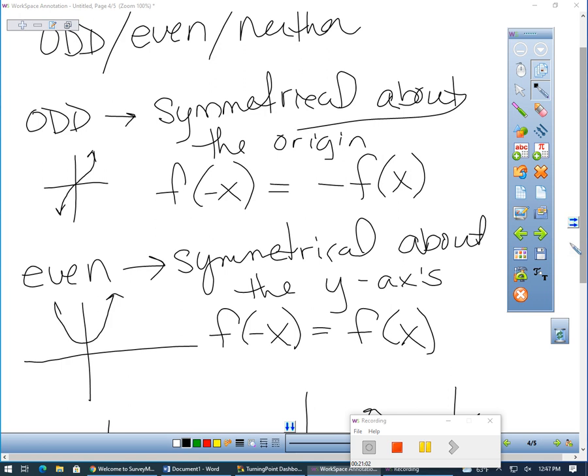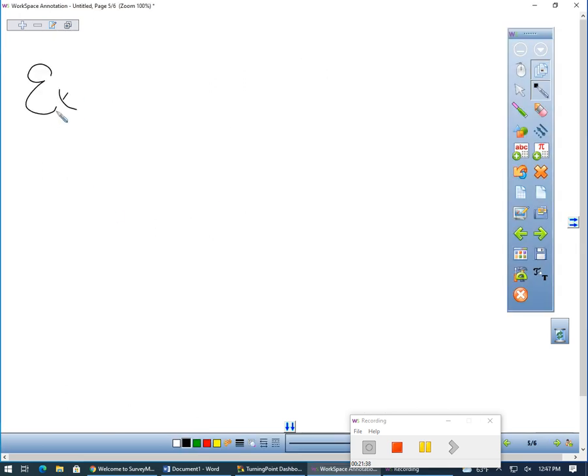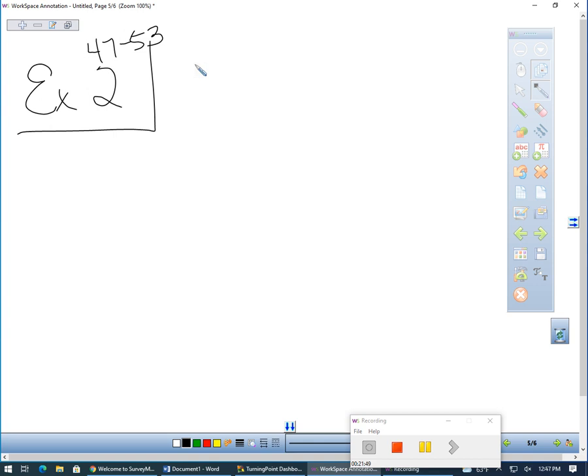All right, so let's go to an actual example and see if we can figure out what it is. All right, so here we go. I am on example 2. So this is what you're doing for 47 through 53. Is it odd, even, or neither?